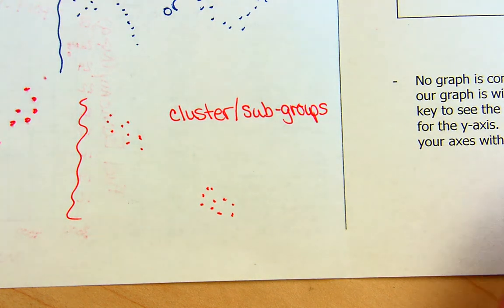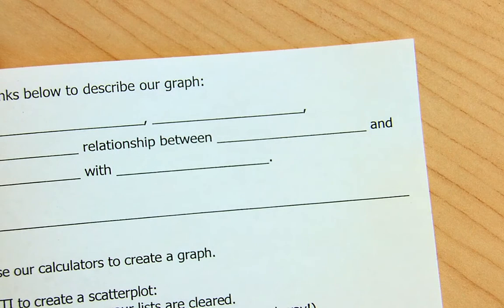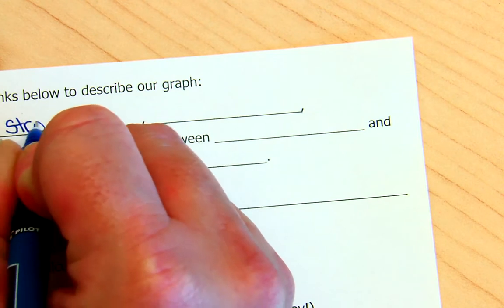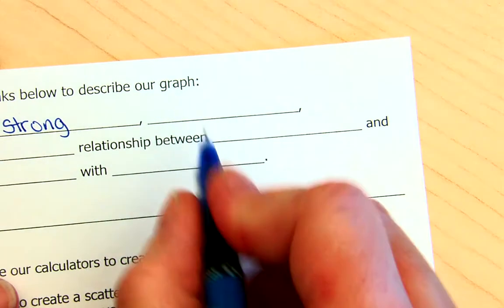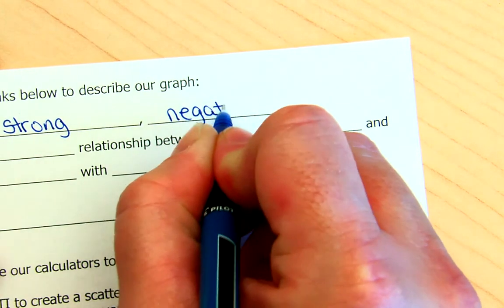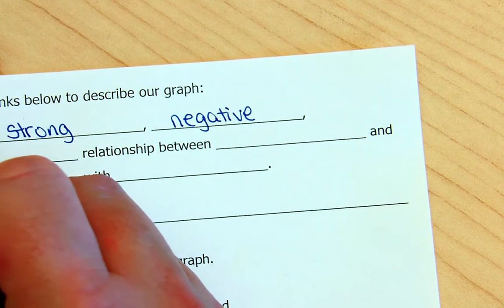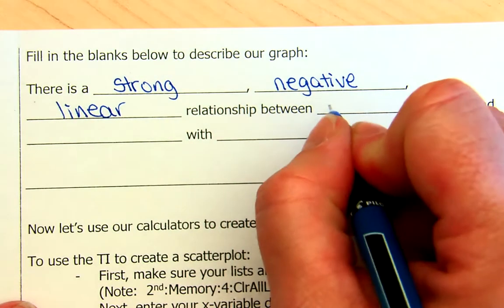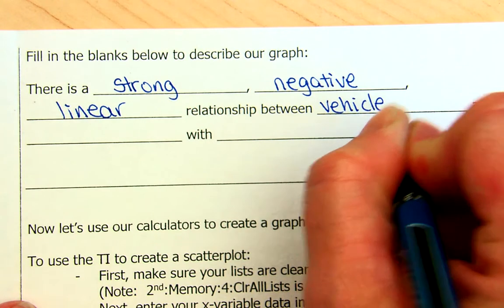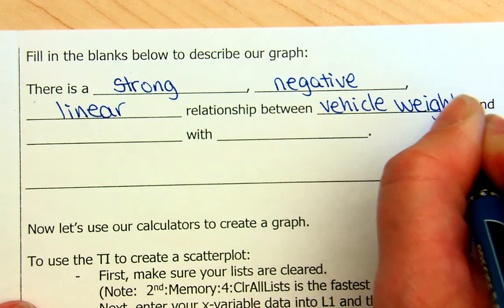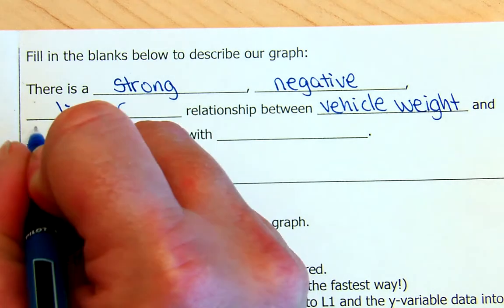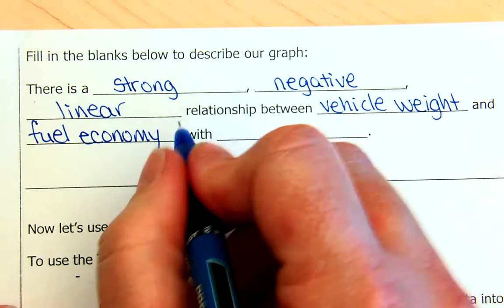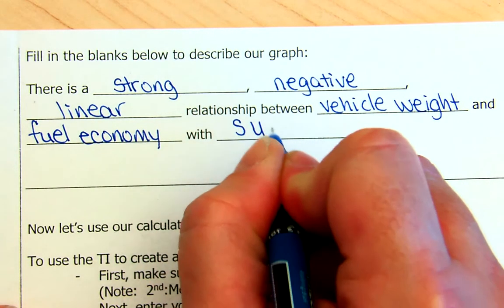So, when we look back at our original graph that we did, here we would say there's a strong negative linear relationship between the vehicle weight and fuel economy with sport utility vehicles, or just SUVs.